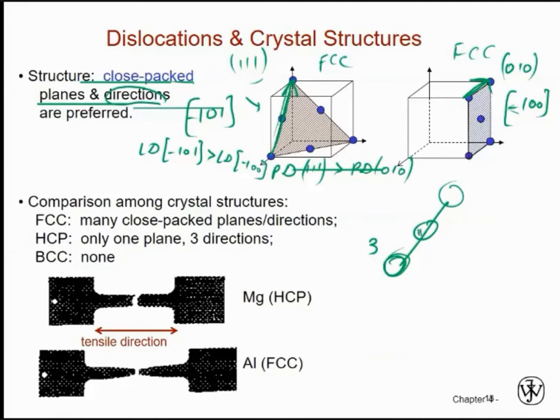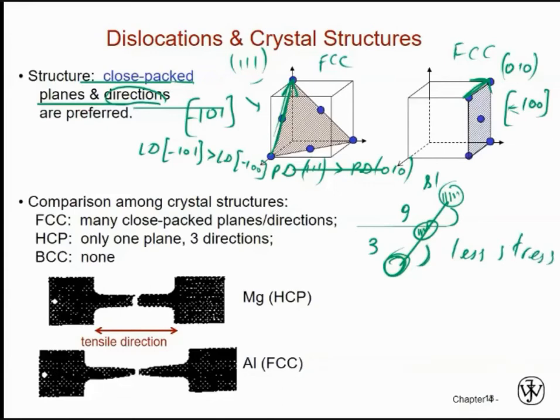In order to move the second atom, I need to apply stress of magnitude 9. And in order to move this last one, I need to apply stress, let's say, of magnitude 81. The amount of stress required to move each step of atom is increasing exponentially. And if these atoms are close to each other, I will need less stress. The closer the atoms, the less stress is required.